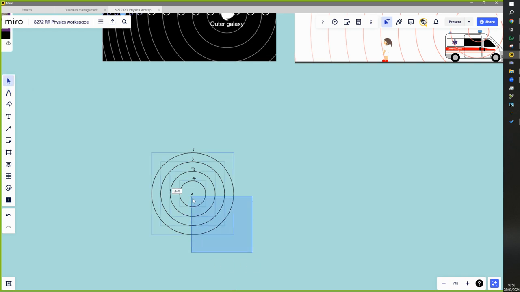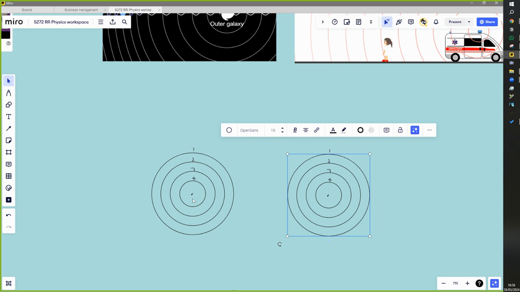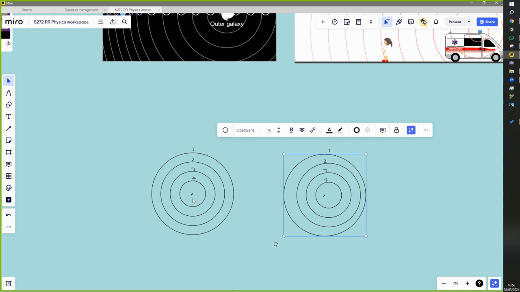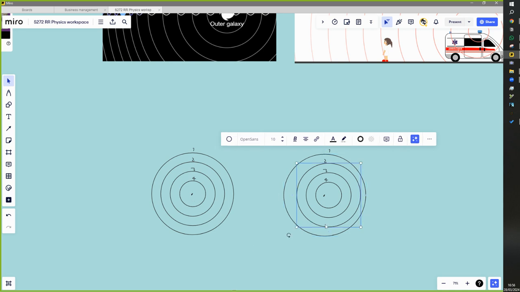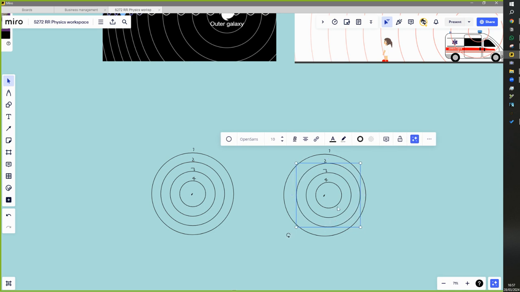Now, if on the other hand it did move, then maybe when it made the first wave, it was all the way over here. It was centered around this point here, and then it moved a little bit to point two, and then it moved to the next.